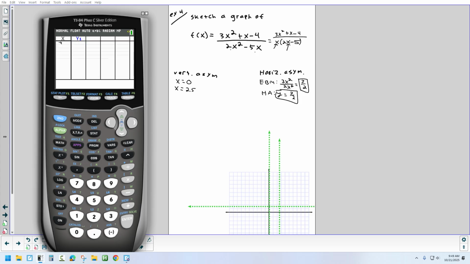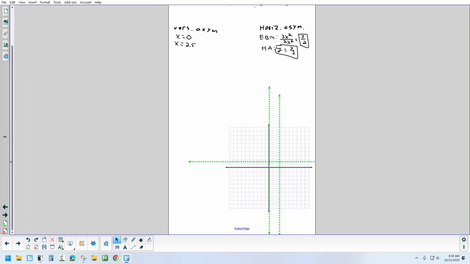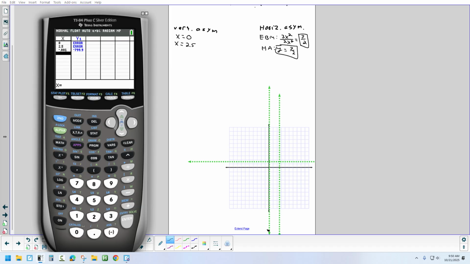What were my vertical asymptotes? 0, good. 2.5, good. What's a number that's a little smaller than 0? Negative 0.001. Way down. So to the left, we're way down. To the right, we're probably going to be way up. Yep, up at 8,000.